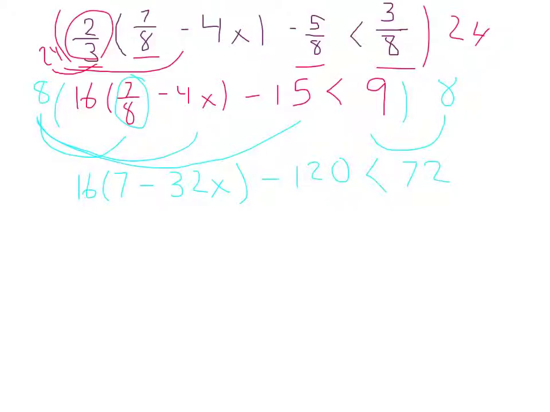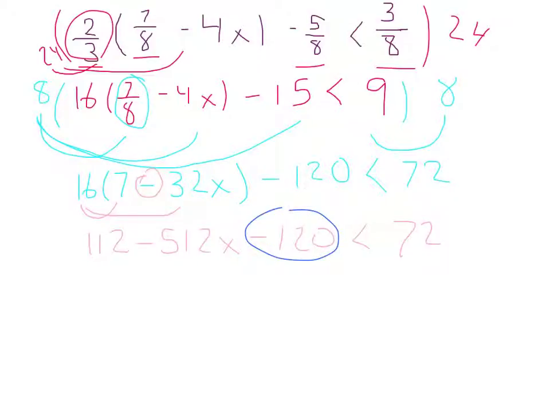Then I distributed 16. So 16 times 7 is 112, and then because the minus dominates the plus, it becomes minus 512x, and then 120 stays the same, so minus 120 is less than 72.